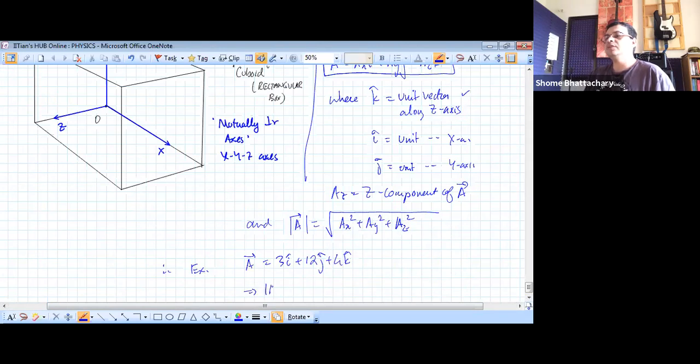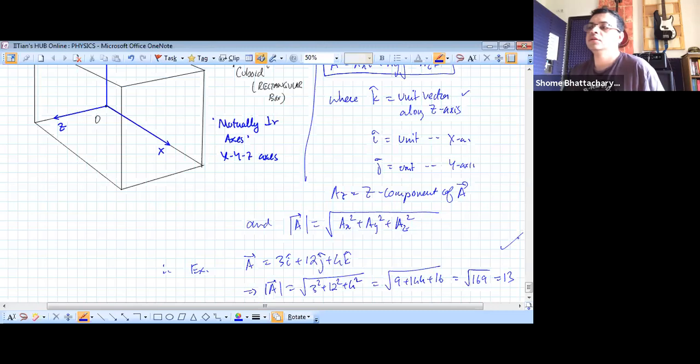So the magnitude of that vector will become square root of 3 square plus 12 square plus 4 square. So that is 9 plus 144 plus 16. That will become 13. So this is the additional formula.